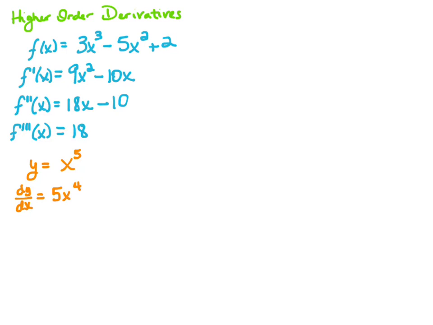We're going to denote the second derivative by putting little 2's on the d dx part of the notation. So the second derivative of y is equal to 20x to the third. And we could take another derivative. The third derivative of y is equal to 60x squared.